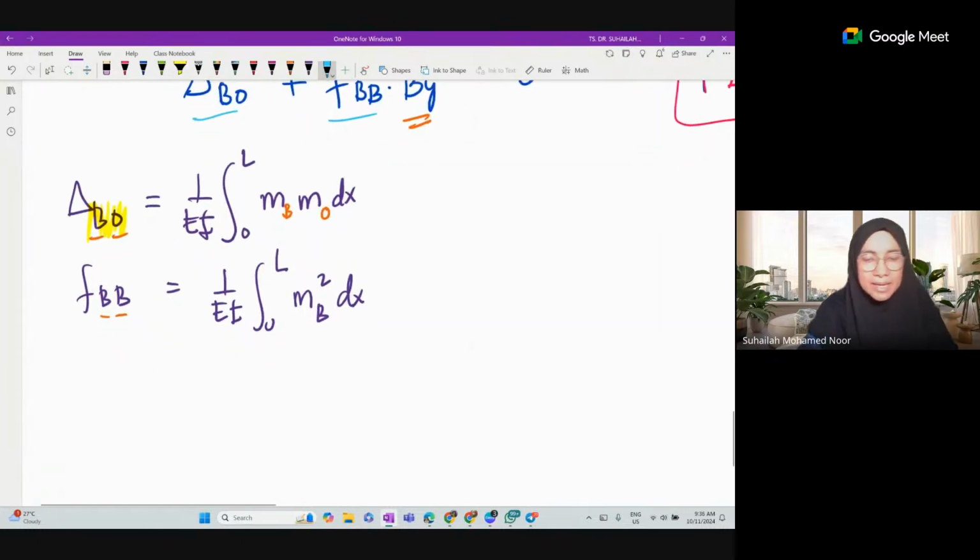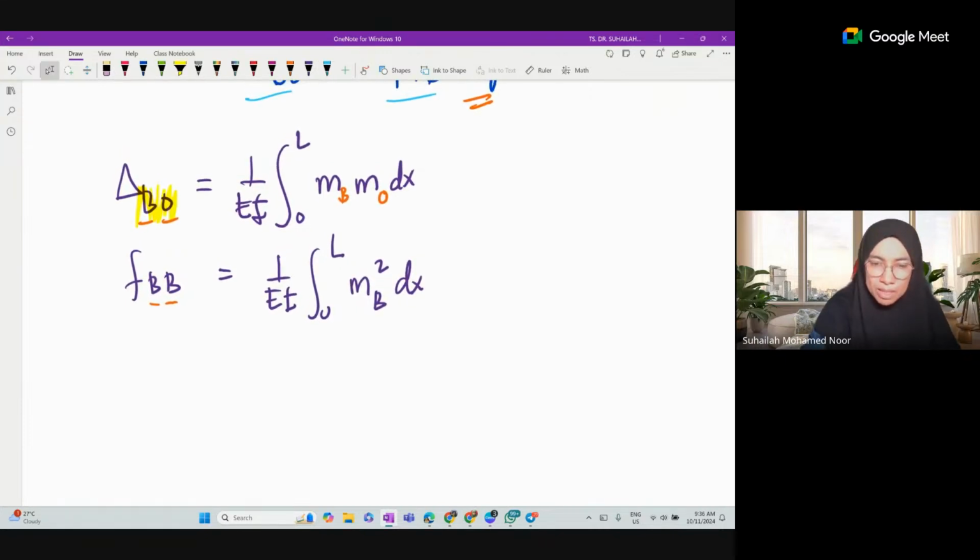Inside this formula, there are two symbols that we can find, from the two moment equations. We have M naught and we have MB. Remember, naught is always for the primary system, so we know this comes from the primary beam.